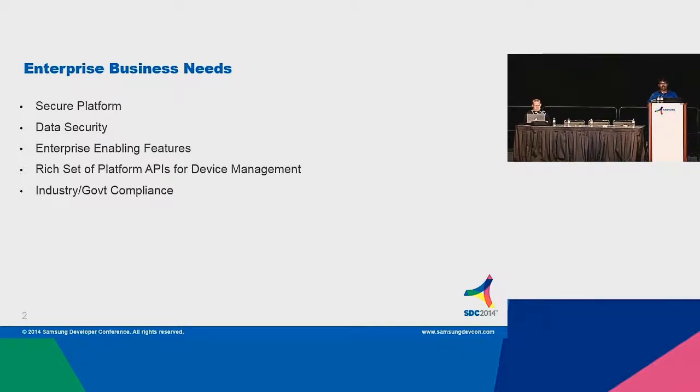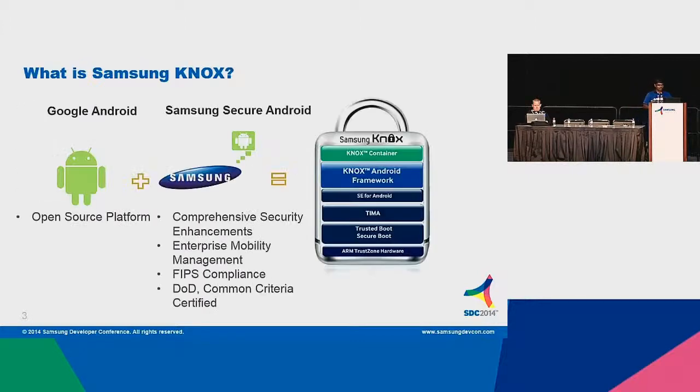And even though we provide all this security and features, most highly security-conscious enterprises need some compliance. When we provide a security platform, we need to have industry compliance or government compliance. So let's see how we address all these requirements as part of our KNOX platform.